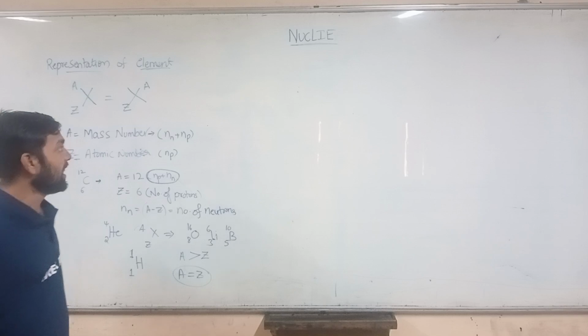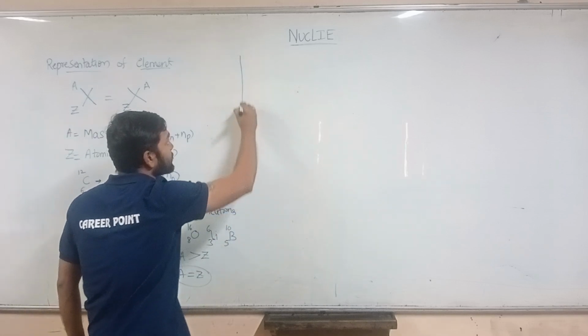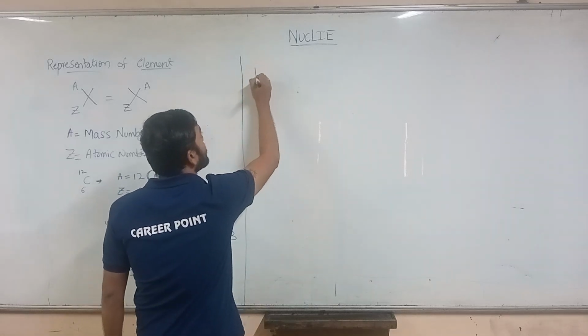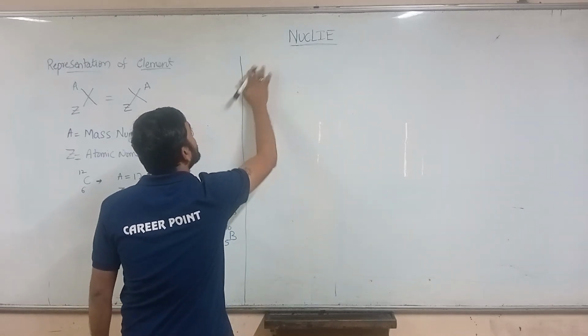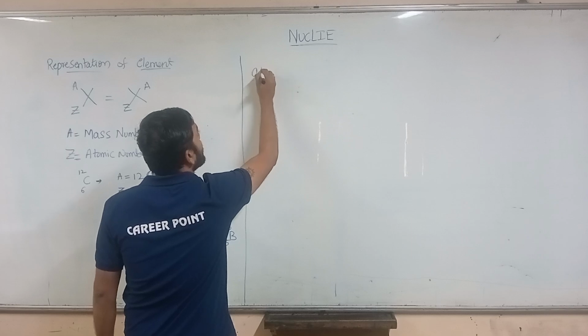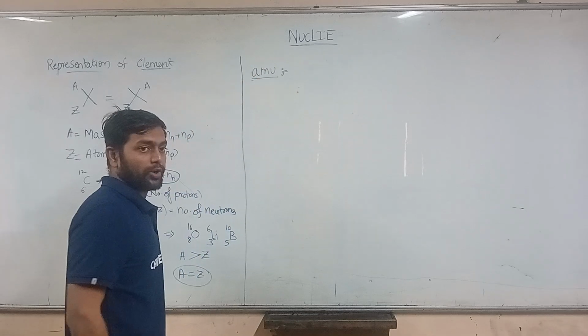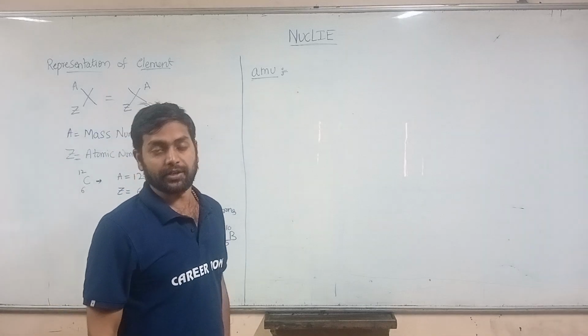Next we will see the atomic mass unit. Let us write AMU. The full form of AMU is atomic mass unit.